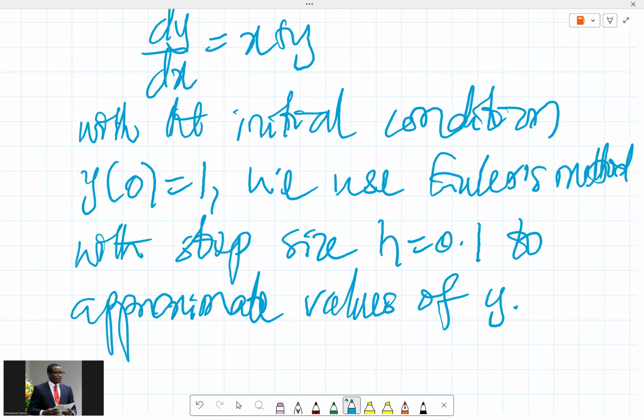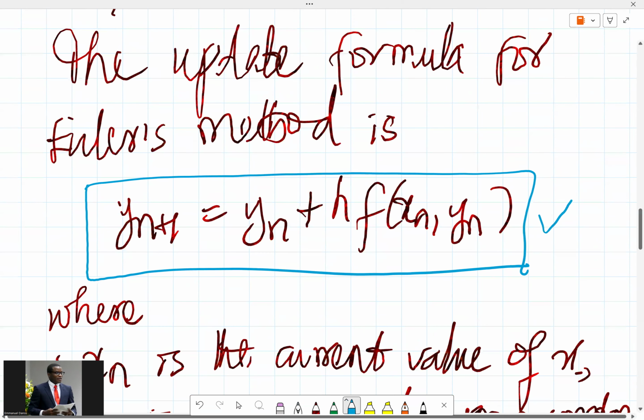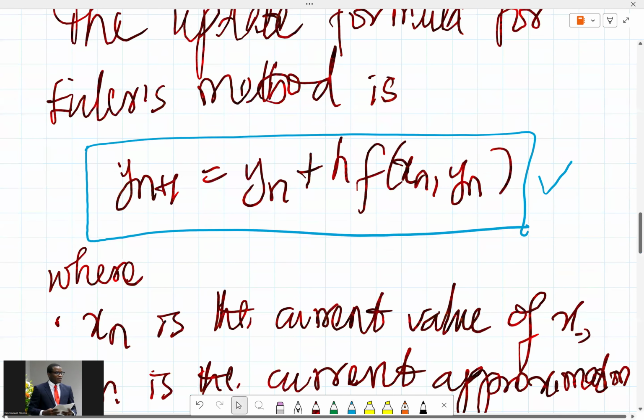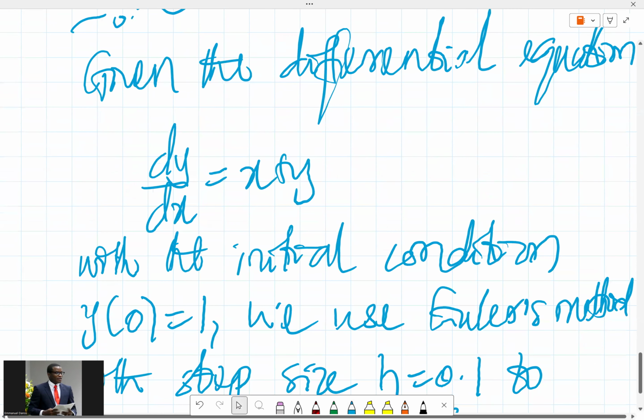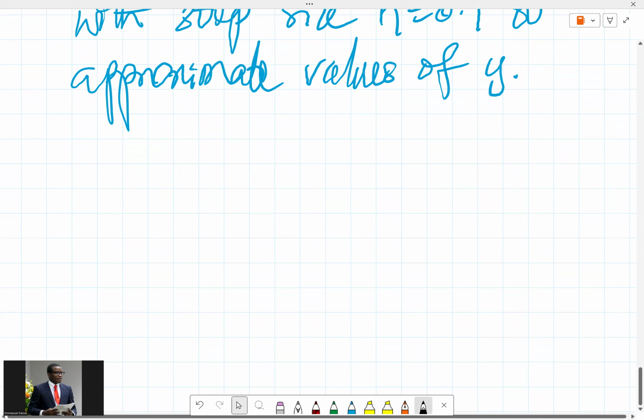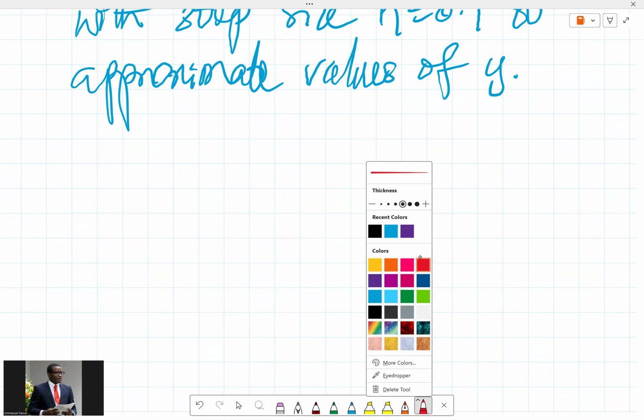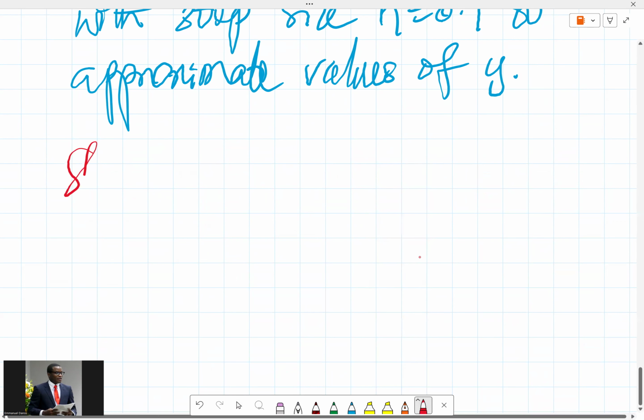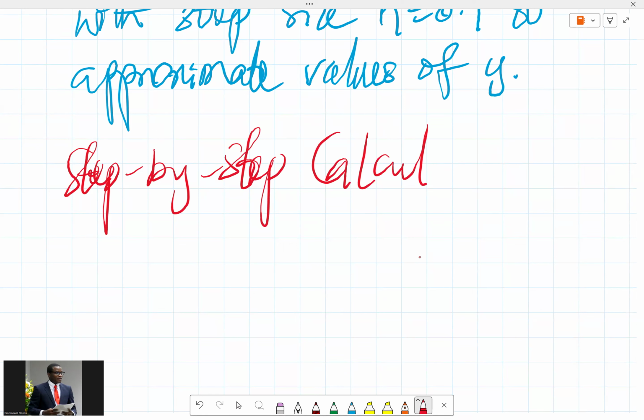Generally speaking, we know that the expression looks like y_{n+1} equals y_n plus h f of x_n, y_n. Let's remind ourselves and talk about the step-by-step calculation going forward.